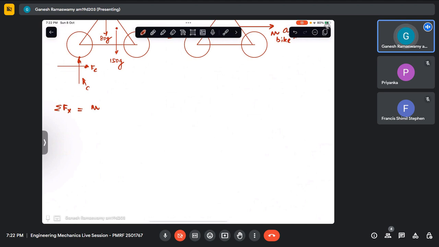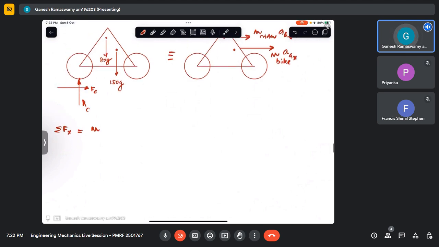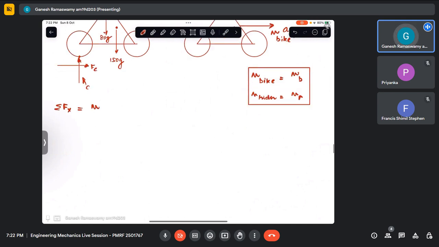Let me use this convention. I'll use m b for the bike and m r for the rider. With this convention in mind, I'll just write these quantities. So this will be m b a g x plus m r a g x.